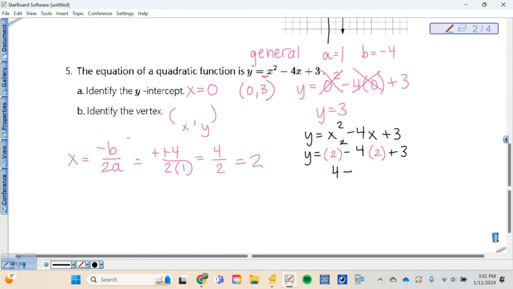And then minus 4 times 2? And then 4 minus 8 plus 3. So that means that y is negative 1 when x is 2. And that's my vertex, (2, negative 1).